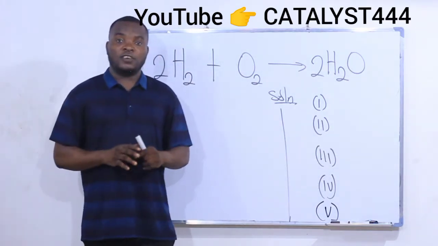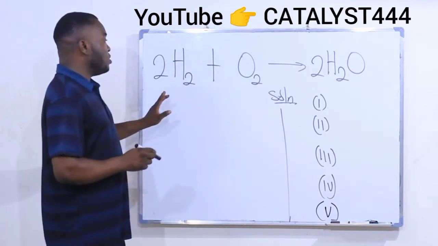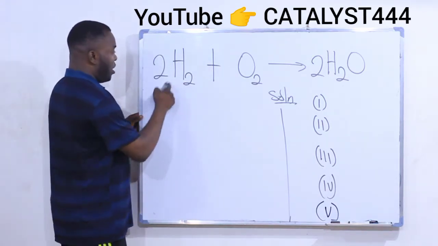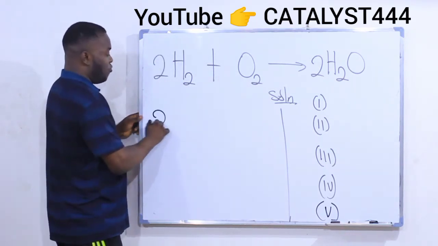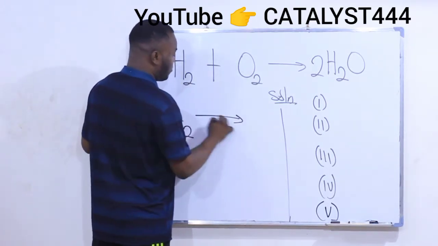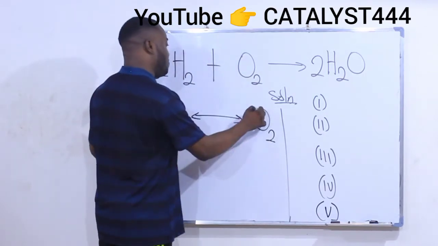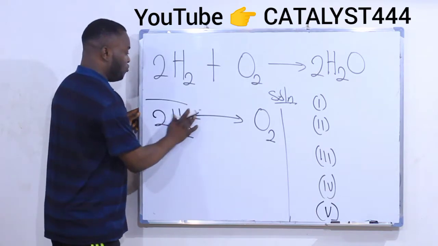Step 2 says, bring out 2 substances from your balanced equation. Here we are looking at oxygen and hydrogen. So we are going to bring the 2 of them out. I have hydrogen, and the number that balances the equation of hydrogen is 2. I'll bring it out. 2 hydrogen gas going with 1 mole of oxygen gas. This is 1 here. So I've brought out 2 substances from the balanced equation, which is step 2.